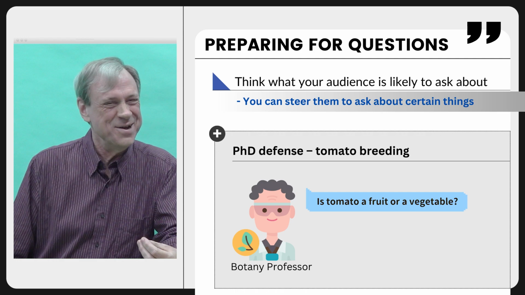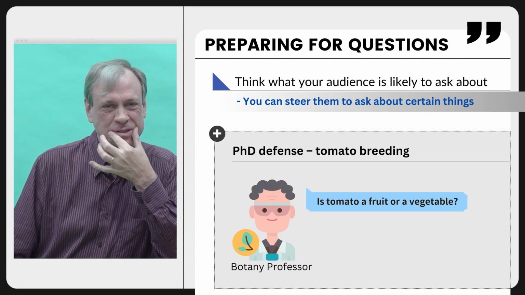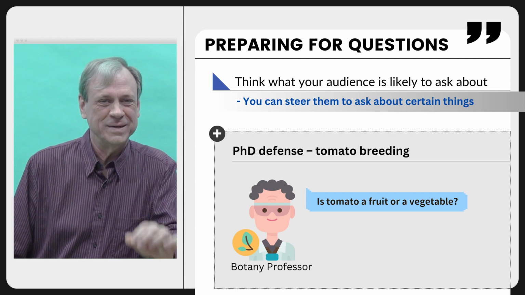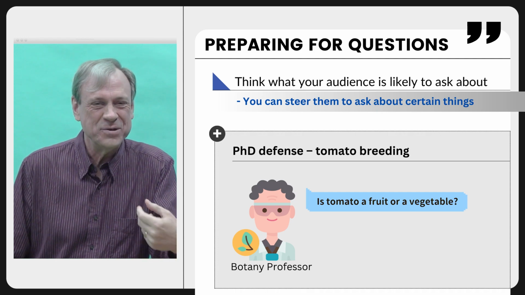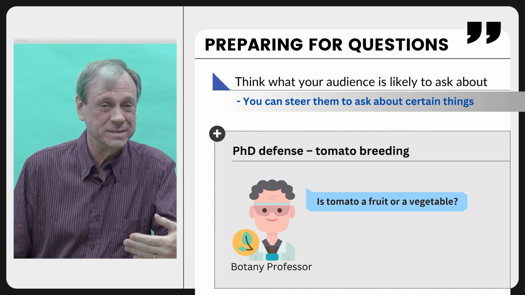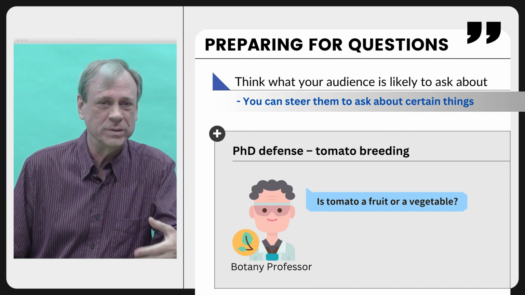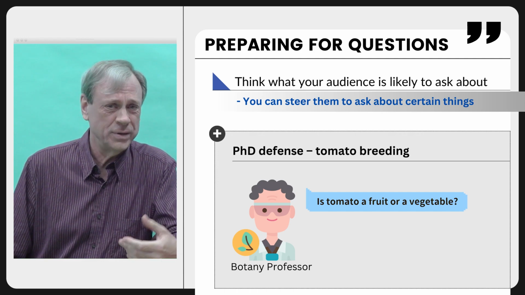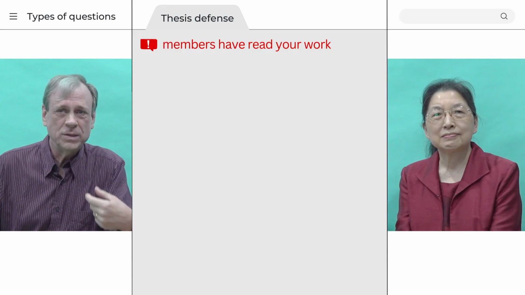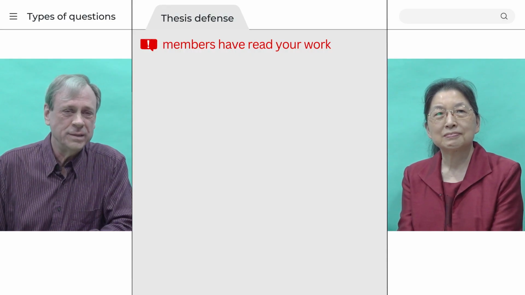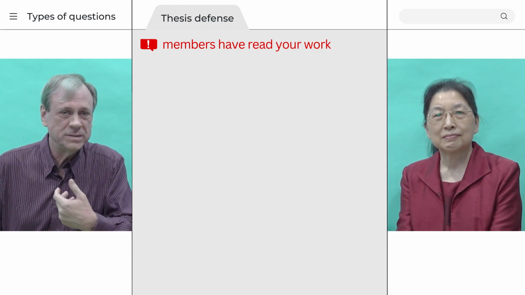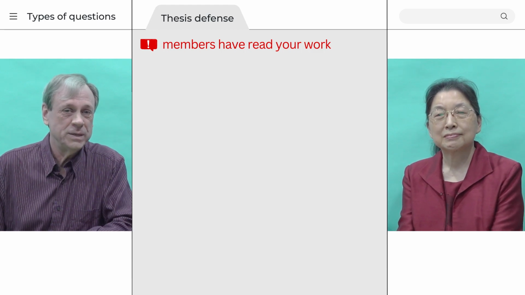And I said, I know where this is going. I had to suppress a smile and just answer it straight, because I had predicted exactly what he would ask, in what order, and I knew exactly how to answer, and I was very confident as a result. So in a thesis defense, you can to some degree predict, because you know who's going to be there.